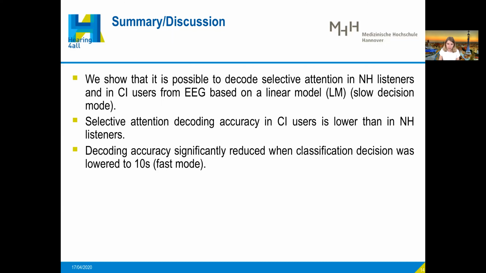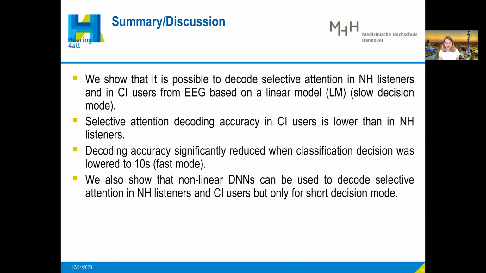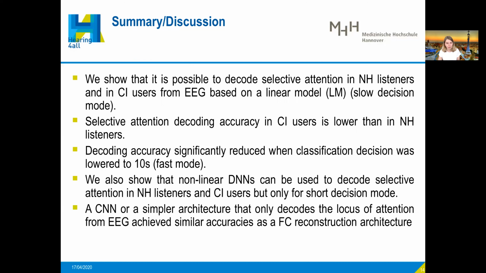Decoding accuracy is reduced when the classification decision was lowered to 10 seconds, so when we took a fast mode. We also showed that nonlinear deep neural networks can be used to decode selective attention, but only for short decision mode, but for both groups, for the normal hearing group and for the CI group.